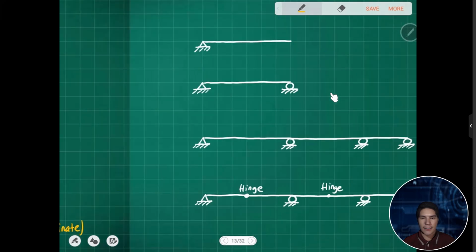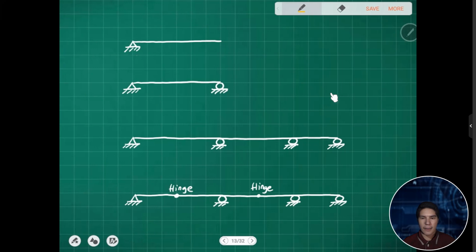Next is this one. So again we have two reactions, and then we have EC equals 0. So thus the degree of indeterminacy is r minus 3 plus EC.